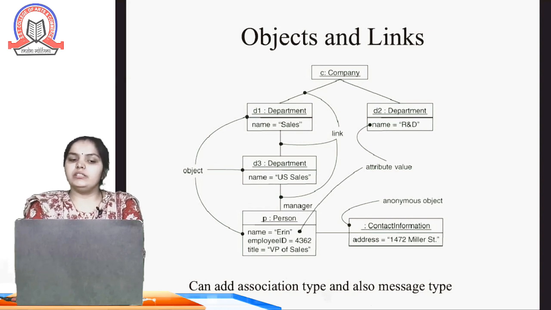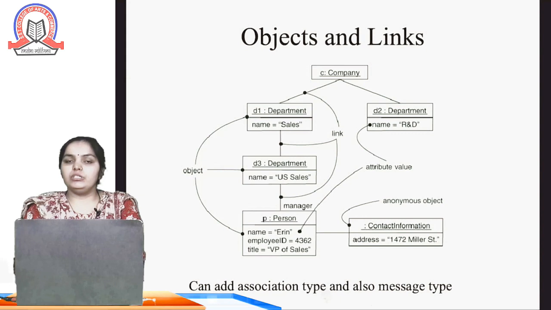You can see the link here. We show the relationship between the different objects. In a company, if company is the class, it can have many departments. The departments will be the objects, for example the sales department, US sales department, and person.